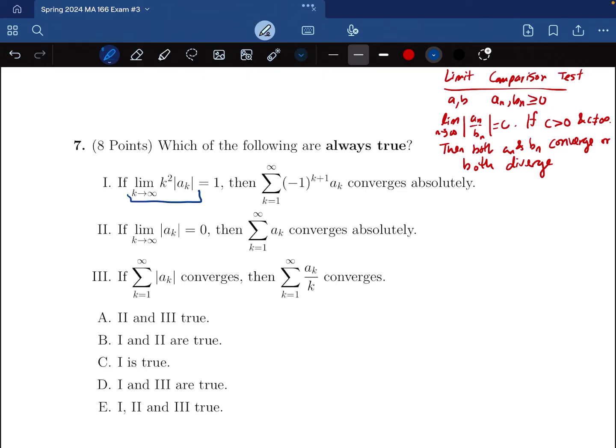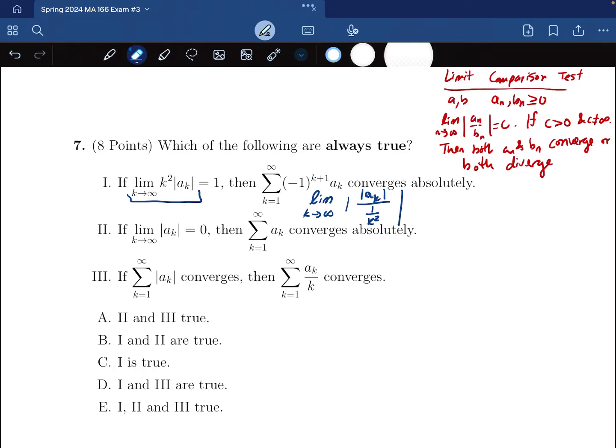And so I'm going to rearrange it as the limit as k approaches infinity of the absolute value of a_k over 1 over k squared.